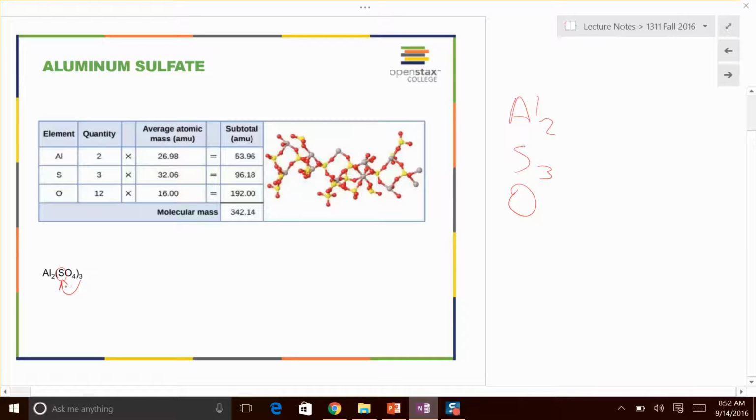How many oxygens do I have? 12. So that's how I'd make my list, and this is what I would get. Those numbers have to get multiplied into the parentheses whenever you have them, to identify the number of elements in the compound.